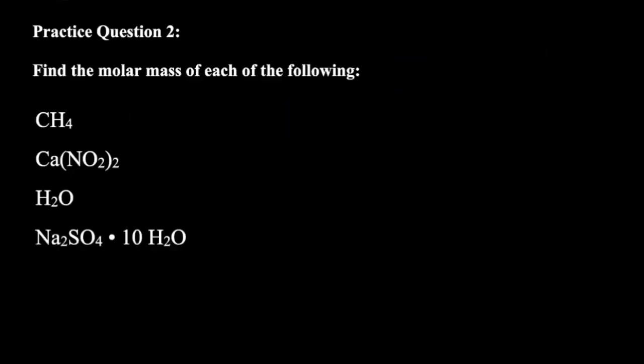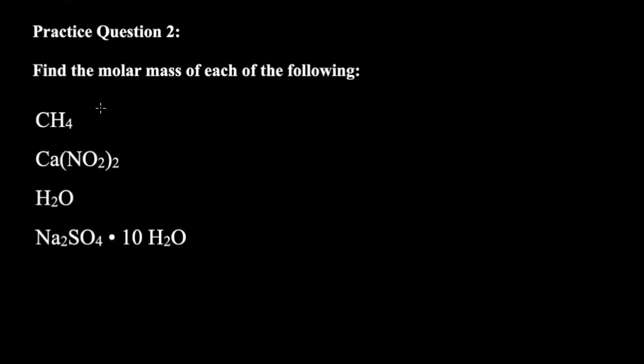So for practice question number 2, what you want to do is count each individual atom in that chemical, and then go to the periodic table and see what the average atomic mass is for that particular atom. So for example, we have CH4 here. So we have C, and there's no number in front of that C, which means you're going to have 1 atom of carbon in there.